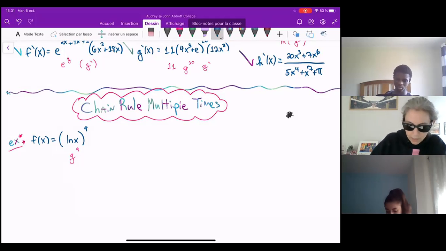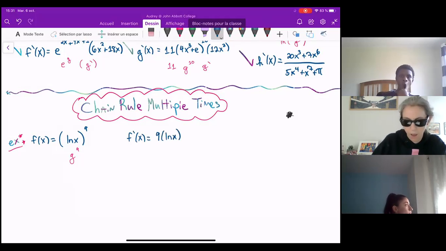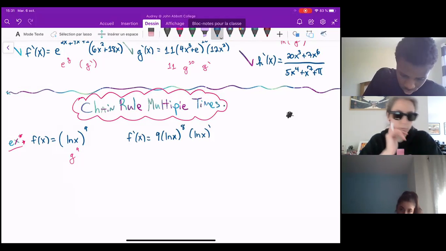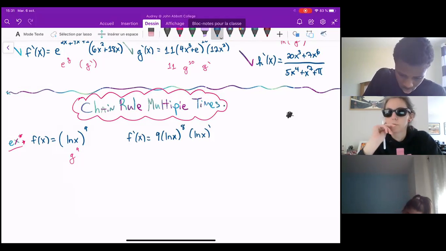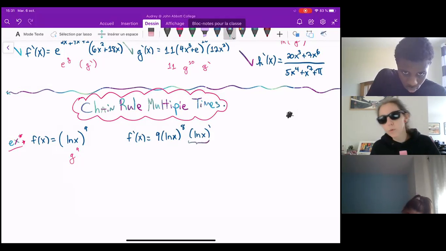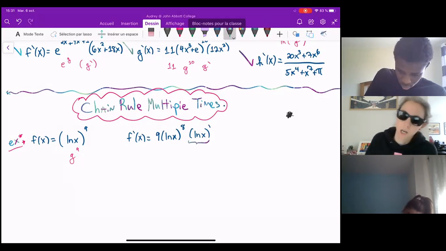So what that means is f prime of x, I bring the 9 down, I don't touch what's inside, I subtract 1, and then I pull out the derivative of the inside. Now, this inside function, I ask myself, product rule, chain rule, quotient rule, none.